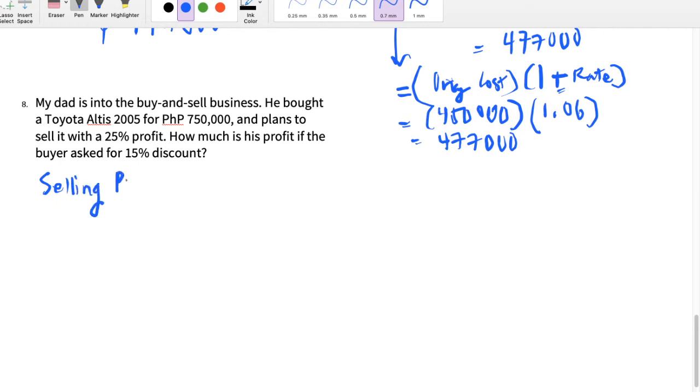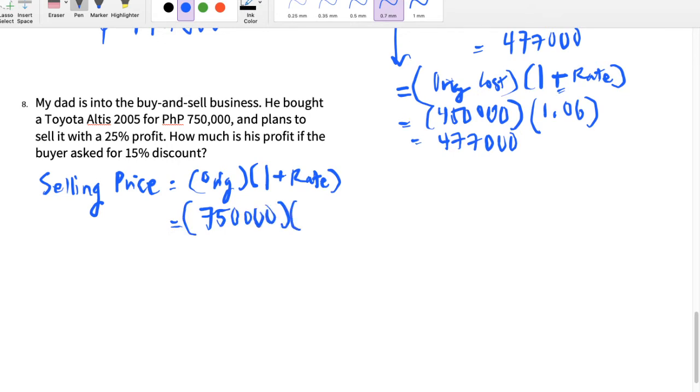Selling price would be equal to the original times 1 plus rate. Okay, kasi meron kang 25% na profit or markup. So, this is equal to 750,000 times 1.25. So, this should be equal to 937,500.